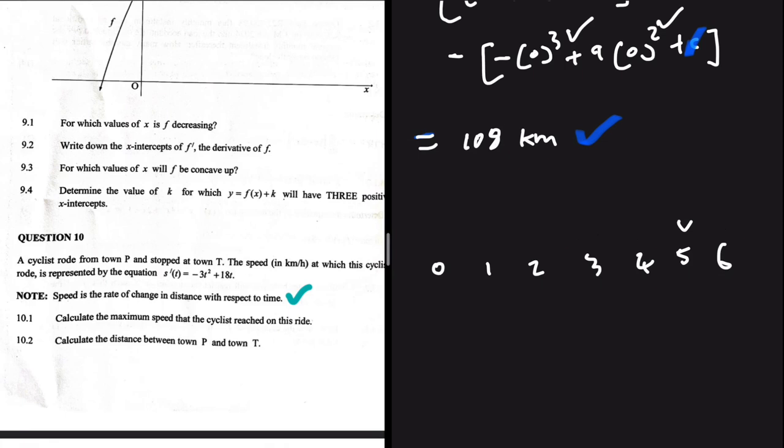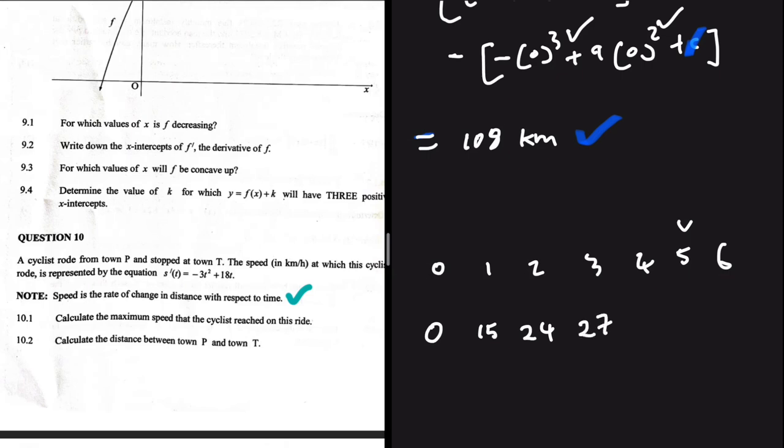So minus 3 multiplied by 0 squared plus 18t. That will give us 0, right? And then when you substitute 1, minus 3 multiplied by 1 squared plus 18t, this gives us 15. Let me substitute 2. When I substitute 2, I get 24. When I substitute 3, I get 27.